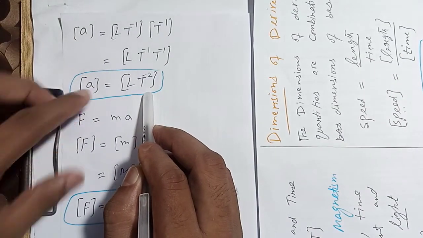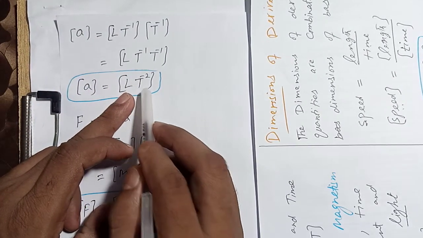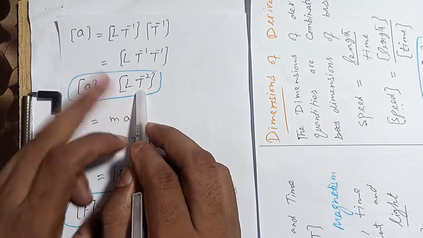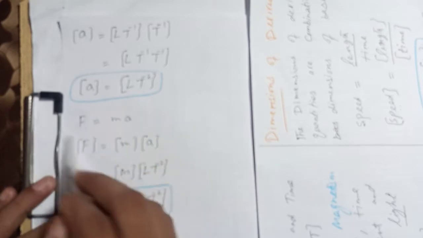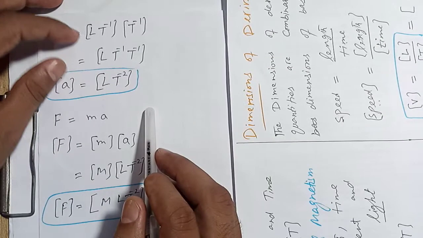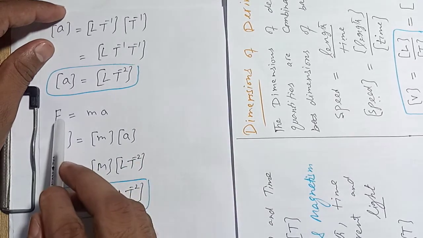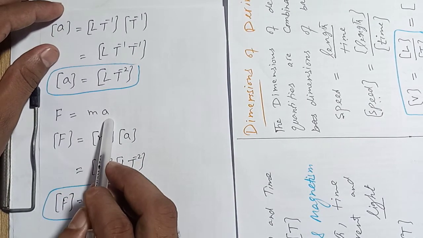Acceleration is a derived quantity, and its dimension is the combination of dimensions of base quantities. Length and time are base quantities. Here is another example of a derived quantity and the dimension of that quantity. By Newton's second law, we define force as F is equal to ma.